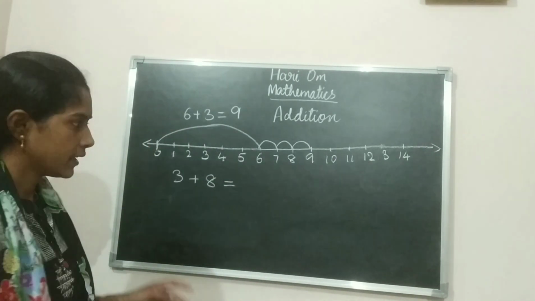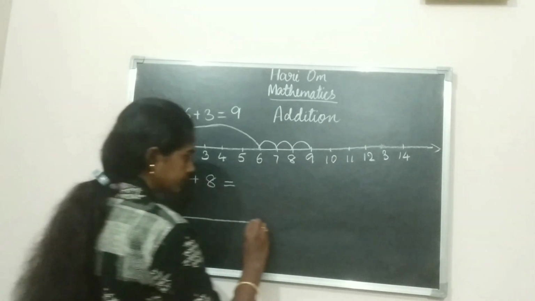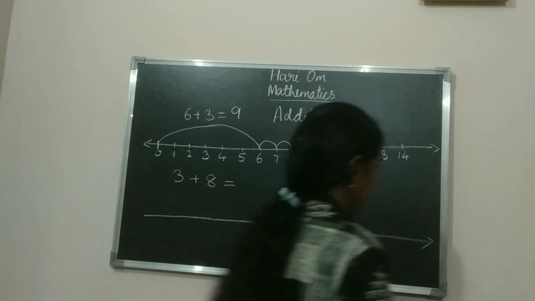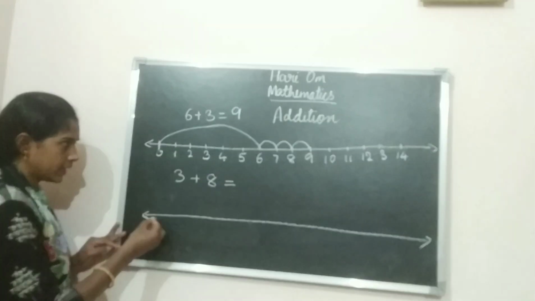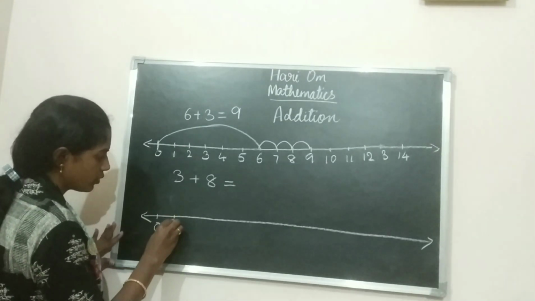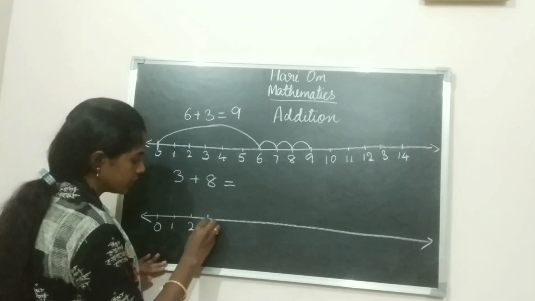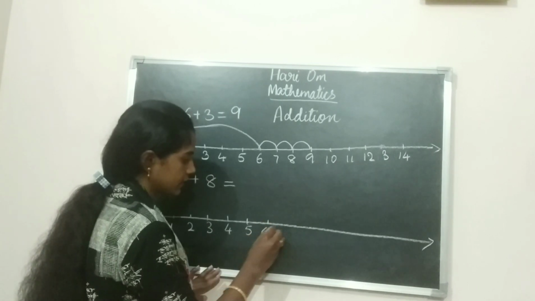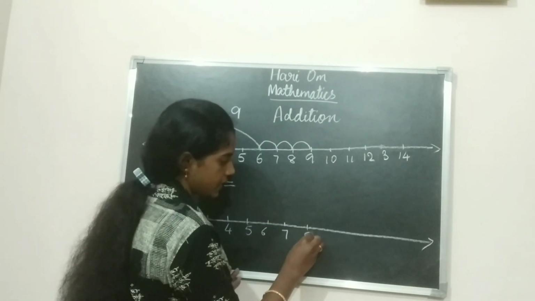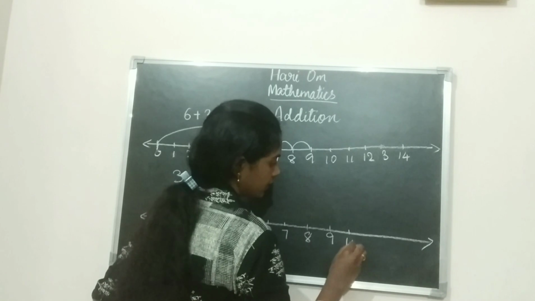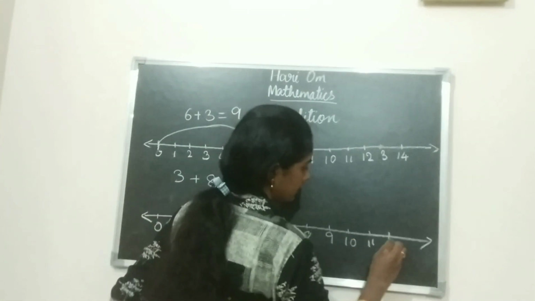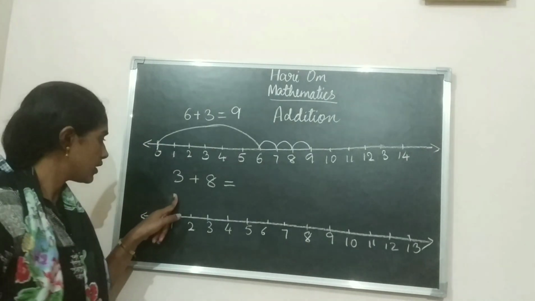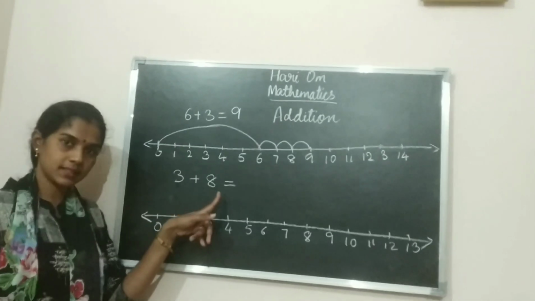So on the number line, it begins from 0, 1, 2, 3, 4, 5, 6, 7, 8, 9, 10, 11, 12, 13. So here the question is 3 plus 8.